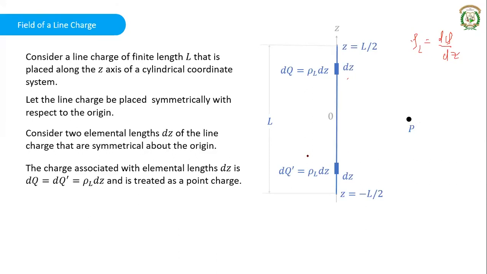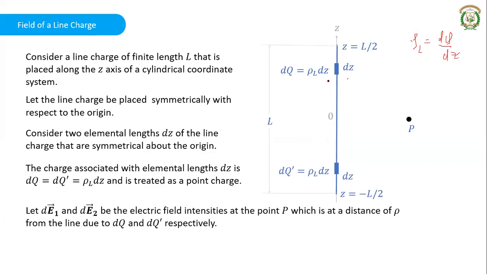The electric field intensities due to these elemental charges dq and dq dash, let them be dE1 and dE2. dE1 is because of the point charge dq, and dE2 is because of dq dash.